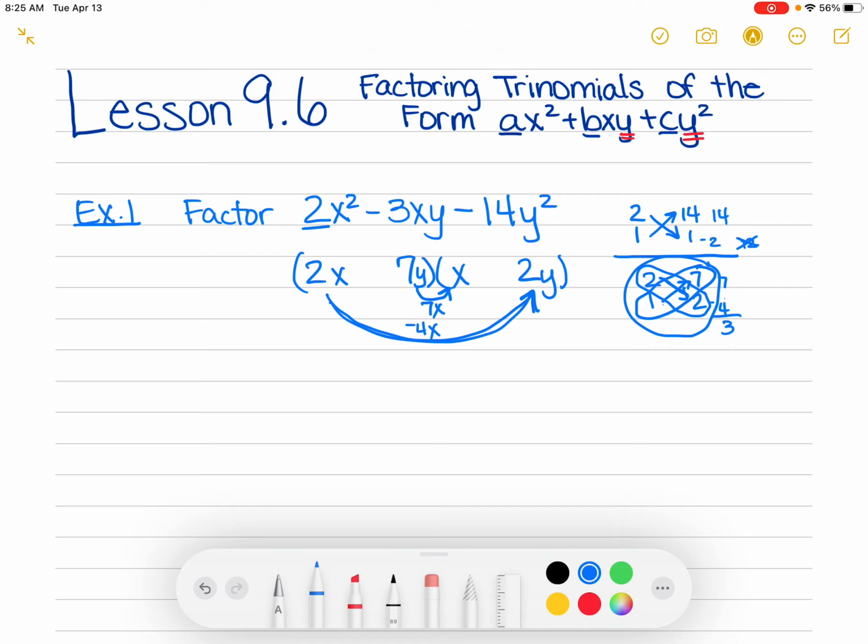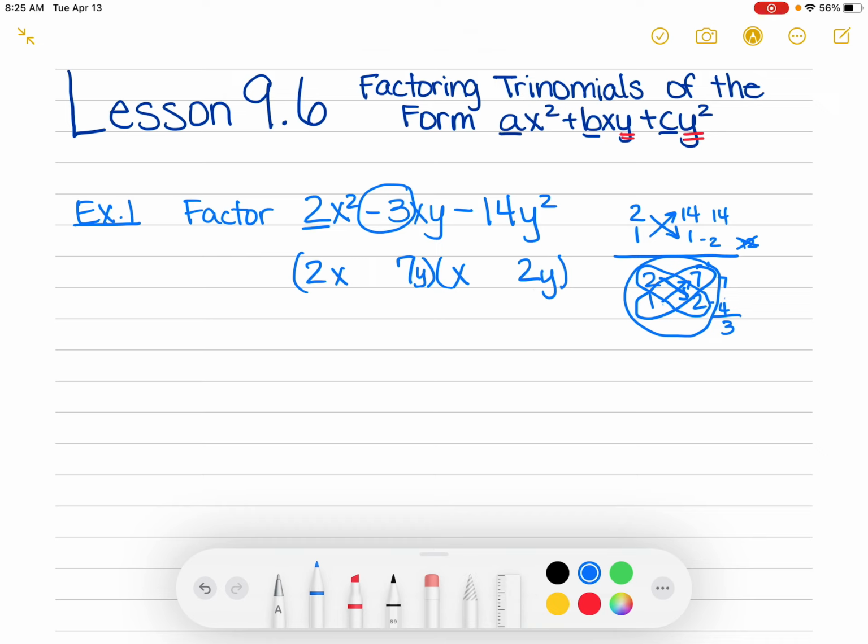And my numbers in the middle are going to equal 3x. But see what I just did there? Oh, hold on, I messed that up. We already know that those are going to equal 3x because we already did it over on the side. So now I need to figure out which one is going to give me a negative 3x. So I need a plus and a minus, right?